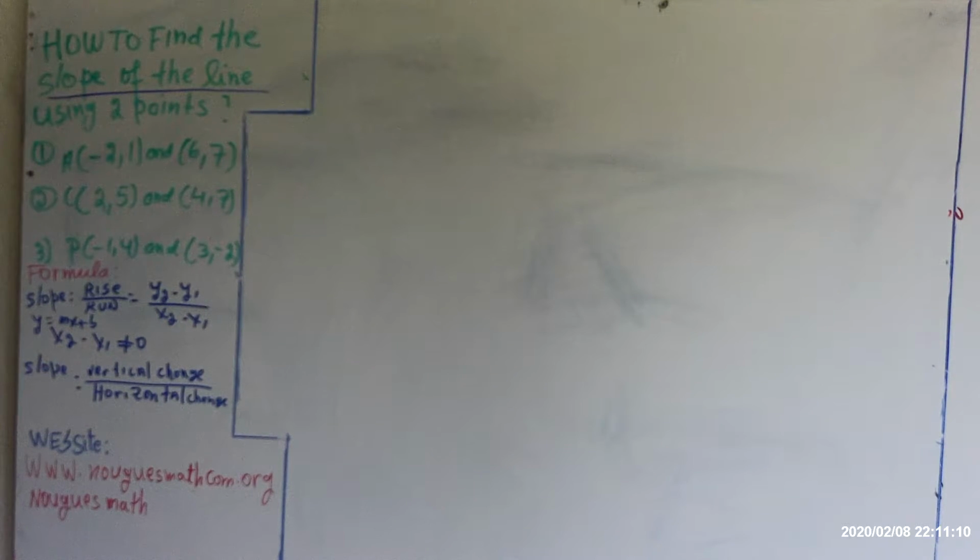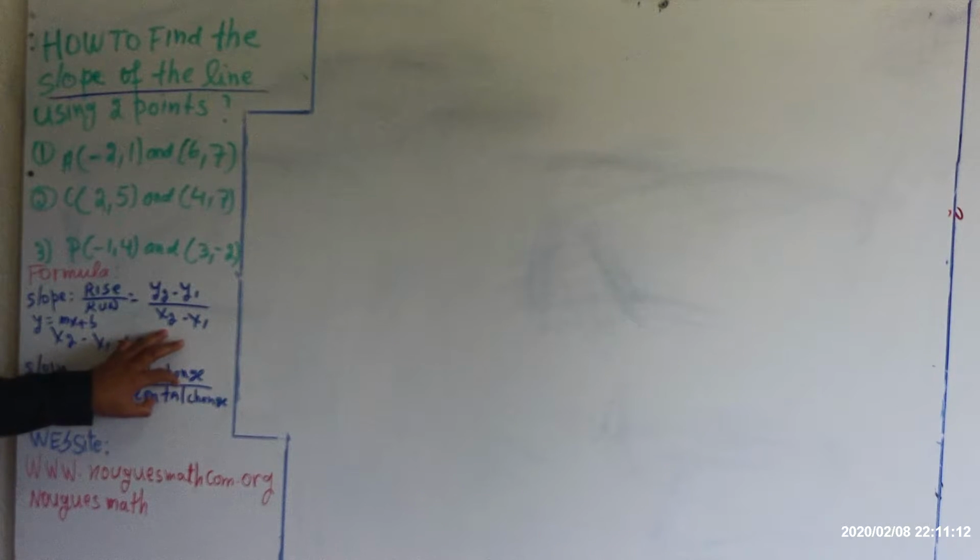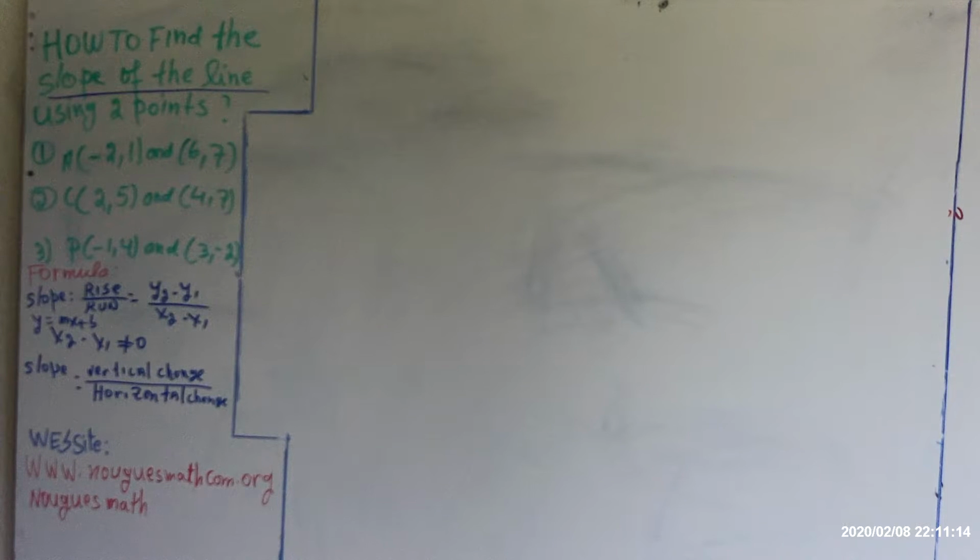We're going to use this formula with 2 points to calculate the slope of the line. Let's do the first example to show you how we can use points to calculate the slope of the line.